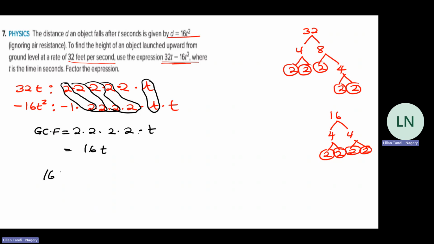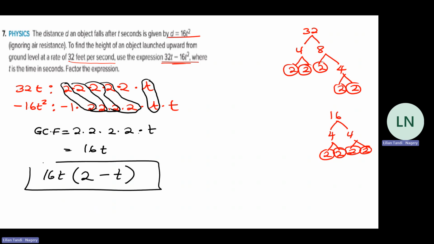So bring 16t outside. What did you not use? I did not use 2, and I was left with negative t, like that. And you box your answer. Negative 1 times t is negative t. And here you're just left with 2.